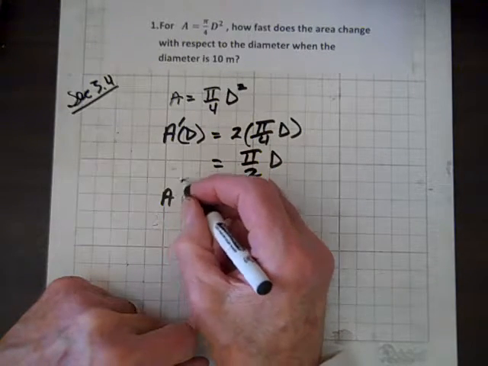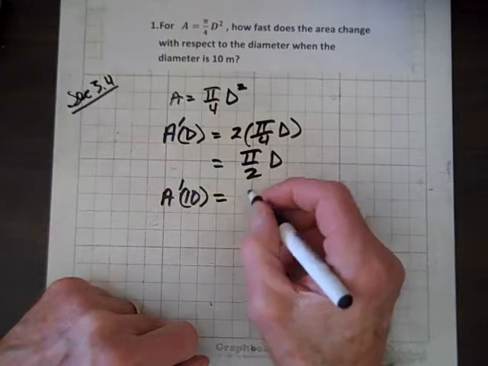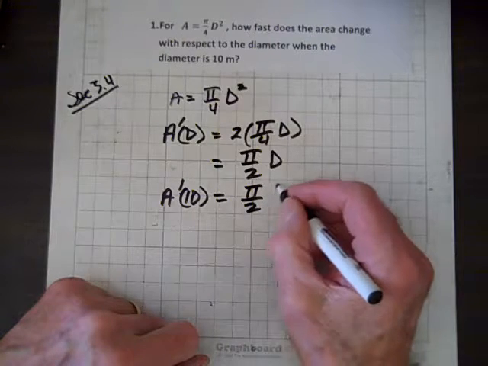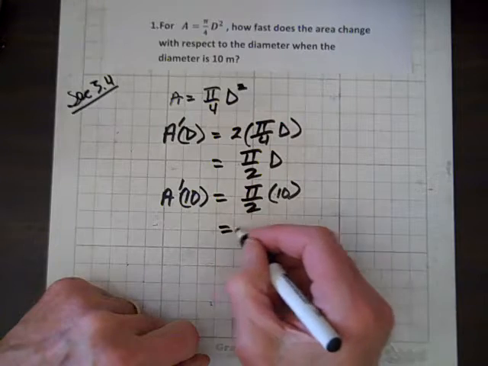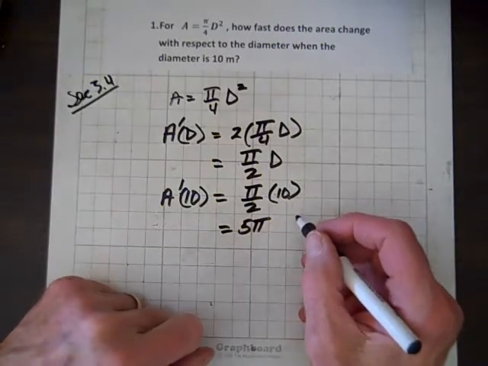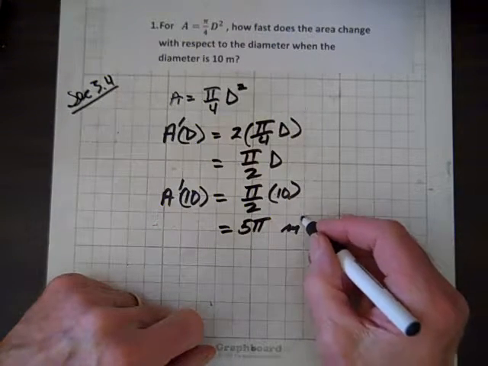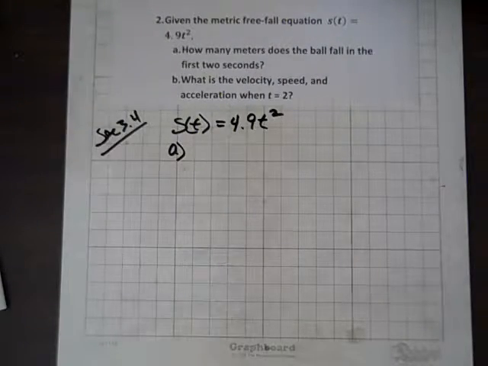So A prime of 10, replacing d with 10, we get pi over 2 times 10, which equals 5 pi, and the units are meters squared. And we're done with that. Okay, we're doing section 3.4 in calculus.